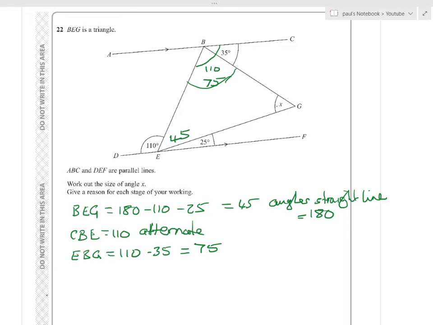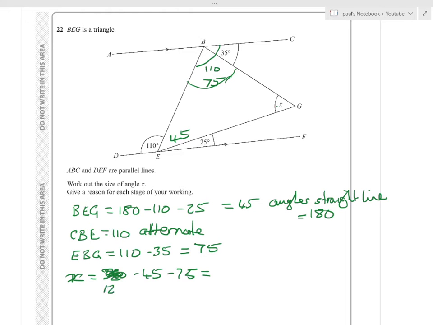And so this one is going to be BGE, or angle X. Angle X is 360 minus 45 minus 75, which is 240. That's not right, is it?